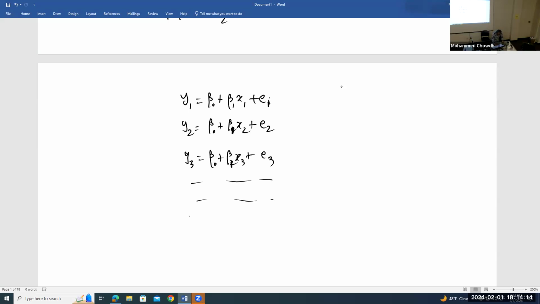And then we stop at n observations: yn equal to beta 0 plus beta 1 xn plus en.